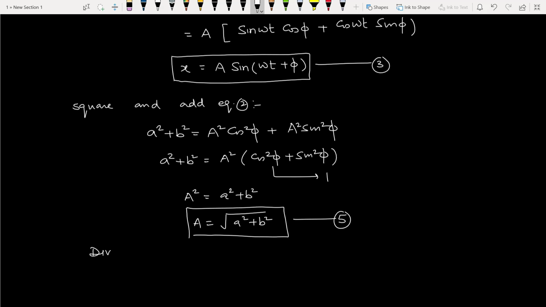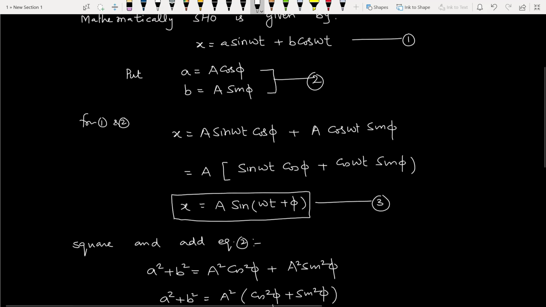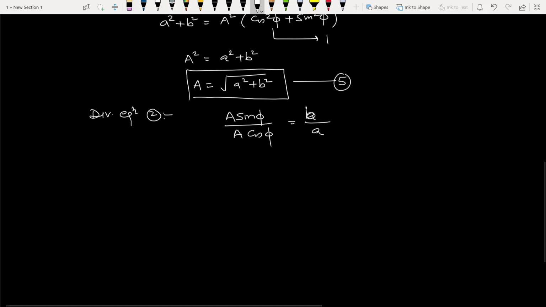Now we divide the two equations in equation number 2. A sin phi divided by A cos phi is equal to b by a, since A sin phi we supposed equal to b. Yes, it will be b by a. So tan phi will be equal to b by a, and phi is equal to tan inverse b by a.